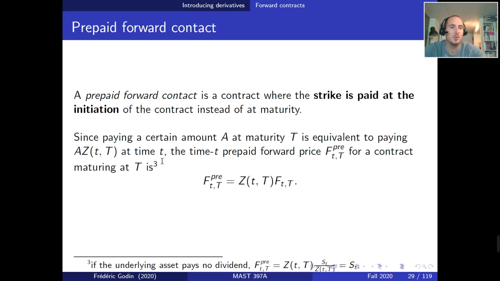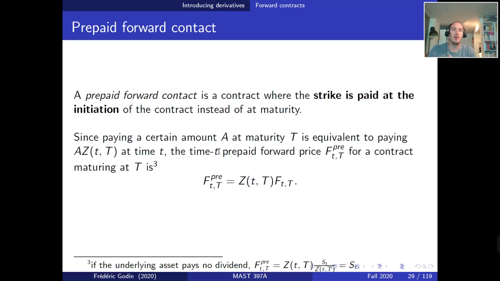This is due to the time value of money. If you want to know the equivalent at time small t of an amount A at time capital T, you have to apply the discount factor, which is simply the price of the zero coupon.